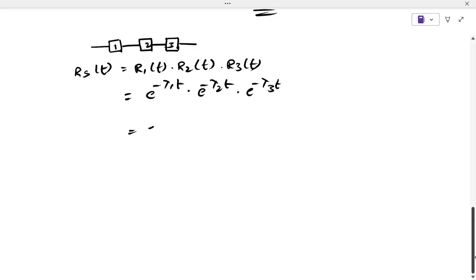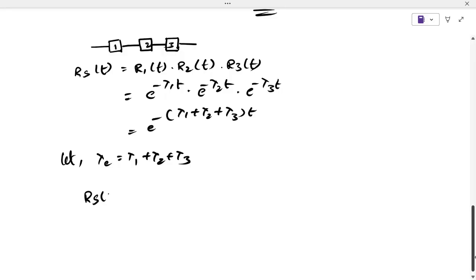That is equal to e power minus of lambda 1 plus lambda 2 plus lambda 3 into t, where lambda 1 plus lambda 2 plus lambda 3 is the equivalent failure rate, that is lambda e. Okay, so now finally Rs of t is equal to e power minus lambda e t.